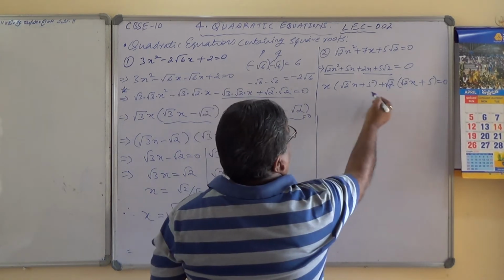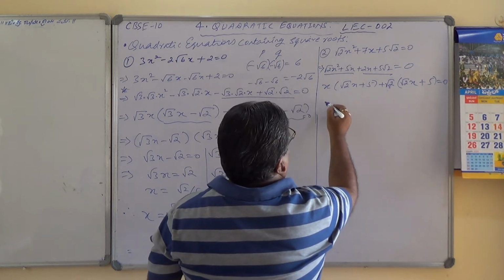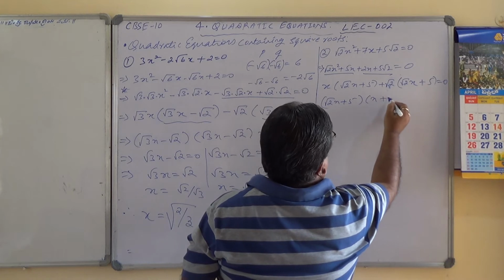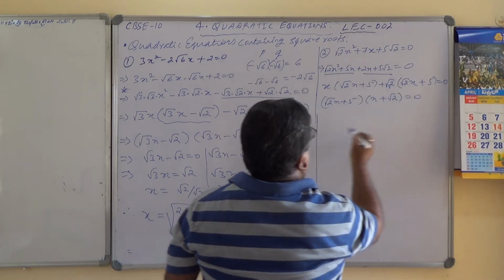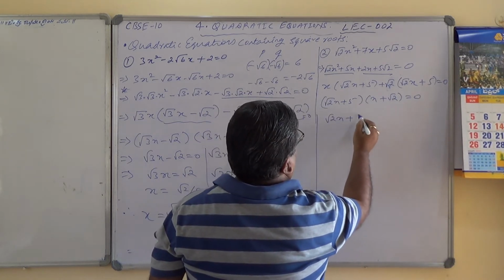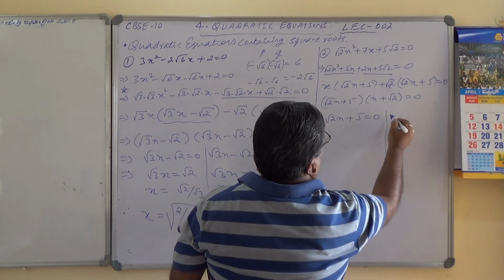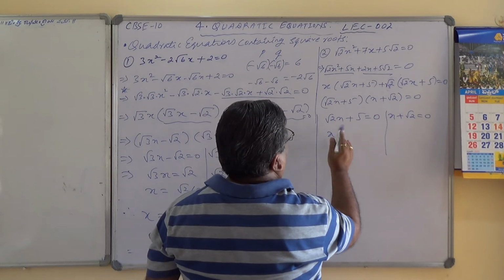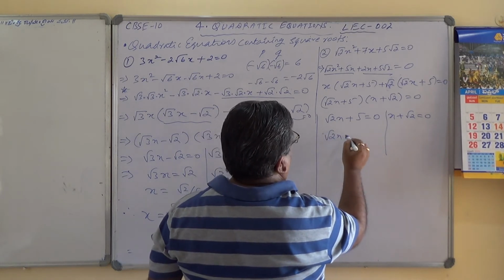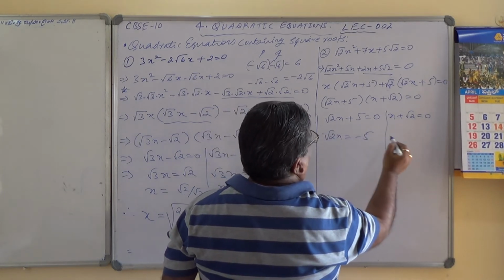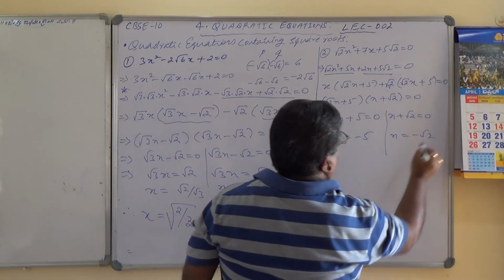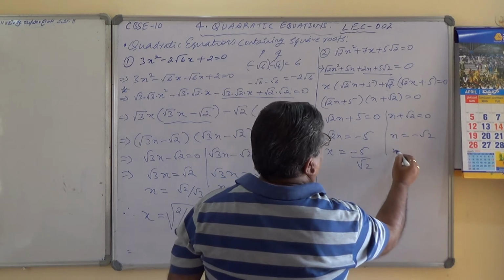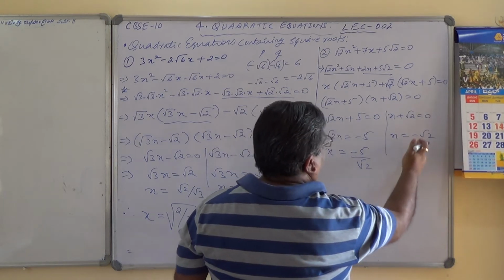Now, out of this, root 2x plus 5, x plus root 2 equals 0. Already worked out.